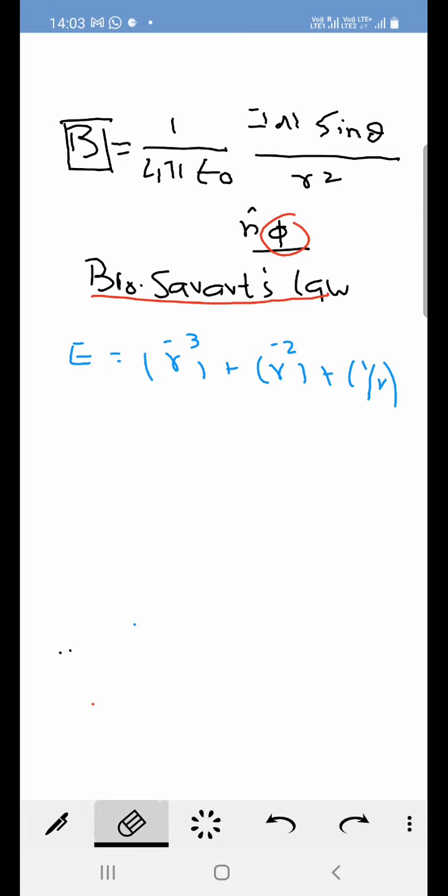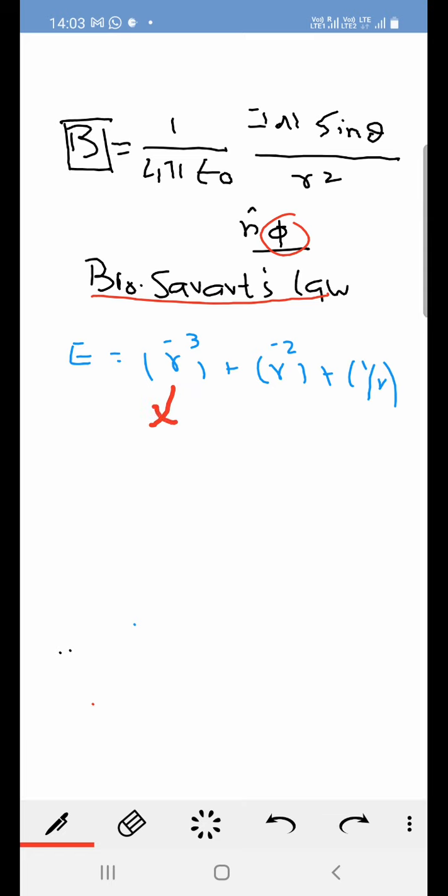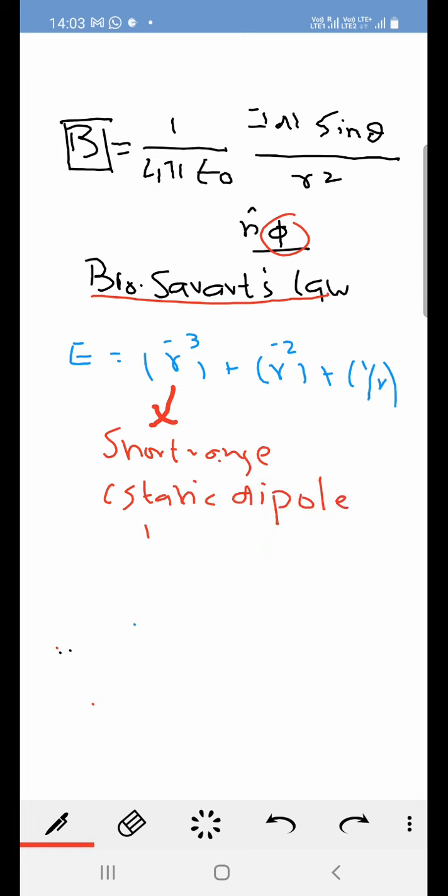The 1 by r cube term is due to the static dipole moment, and it is a short range field.